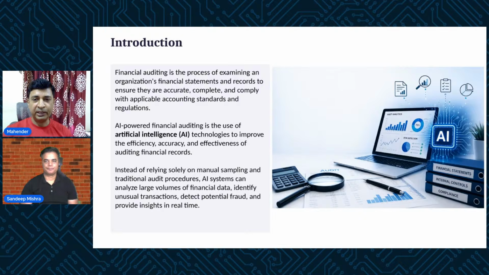Now our main topic today is financial accounting. The AI capabilities that Microsoft is providing basically help us automate different domain applications, and every domain has its own specific use cases. In today's session, we are going to talk about financial accounting.